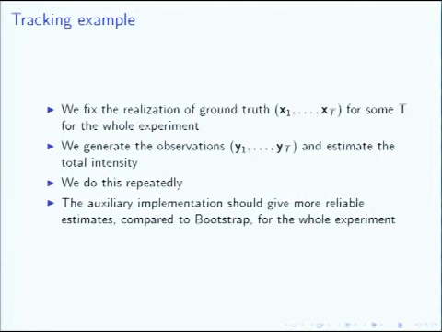For this record of observations, you apply the auxiliary particle filter to estimate the intensity. And you do this repeatedly. You regenerate observations, you estimate intensity, and you compare the quality of the estimate relative to ground truth. The whole idea is that if you've come up with a good implementation using sequential Monte Carlo, you should end up with better quality estimates.